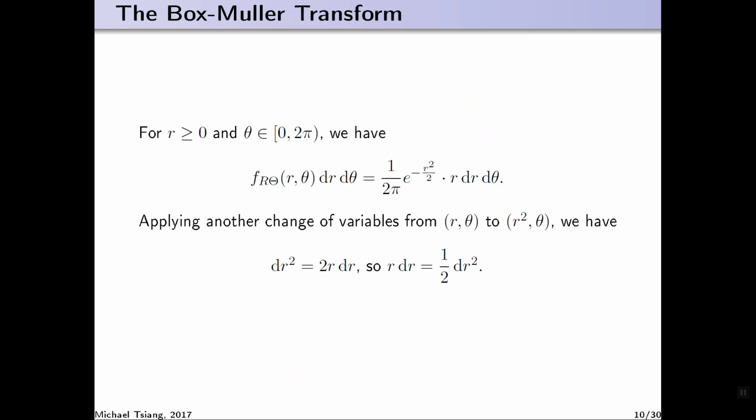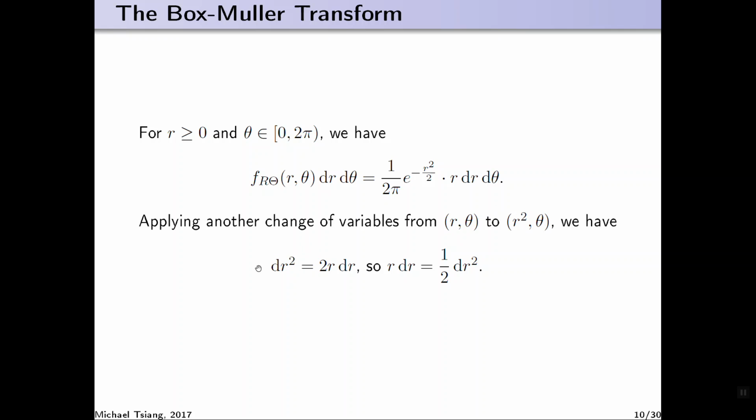And so again, we've got f of x and y now expressed in terms of r and theta, and it becomes r dr d theta. And we're going to do another change of variables going from r to r squared.